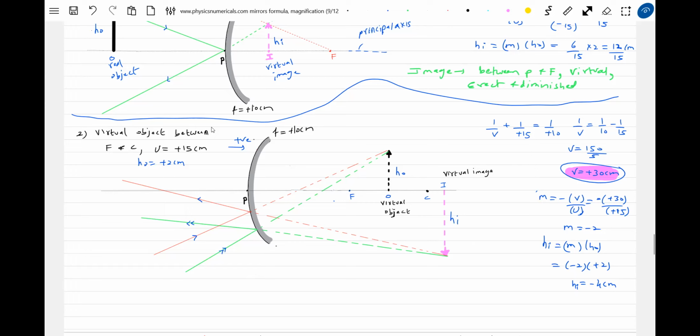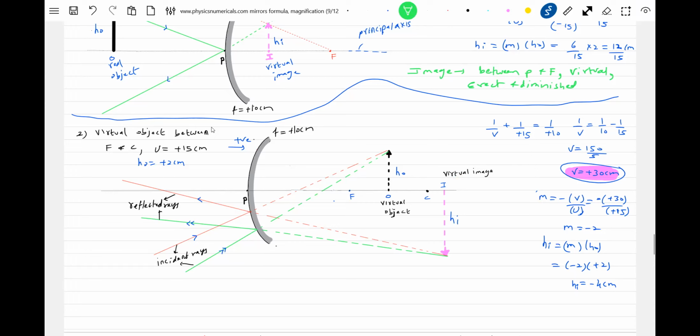Let me categorize these rays. These are incident rays. What about these? Reflected rays. Look at the reflected rays. They are diverging from a point. Therefore, the image formed should be virtual. So what is the conclusion now?